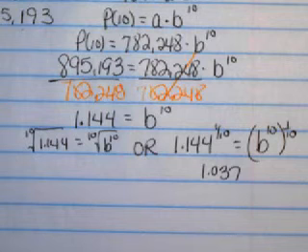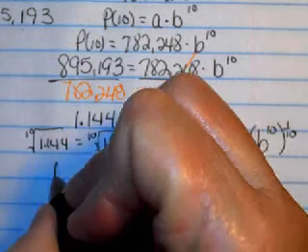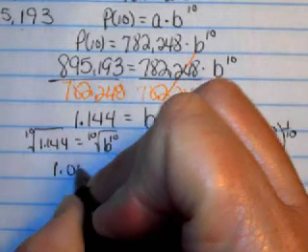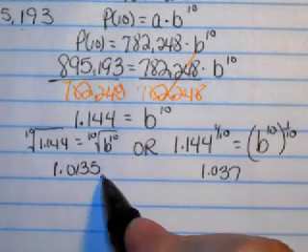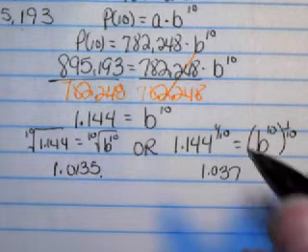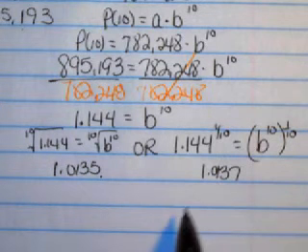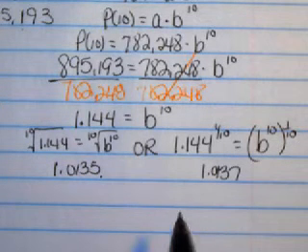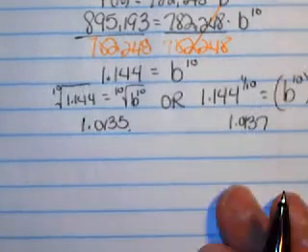it gives me 1.0135. Since that's 3.5 and 3.6, I'm going to put it in the middle, 1.0136. And so here we go.